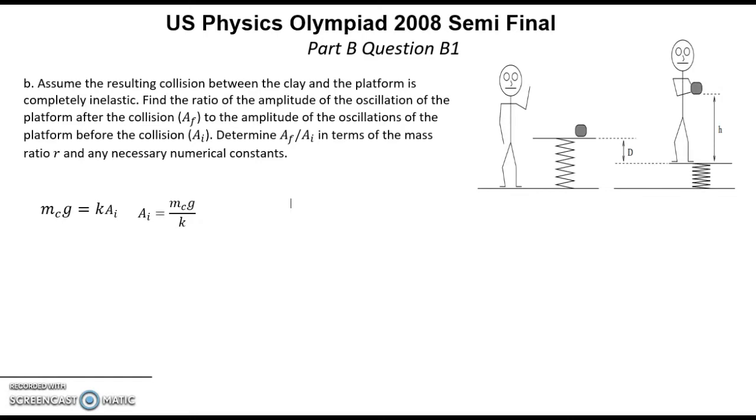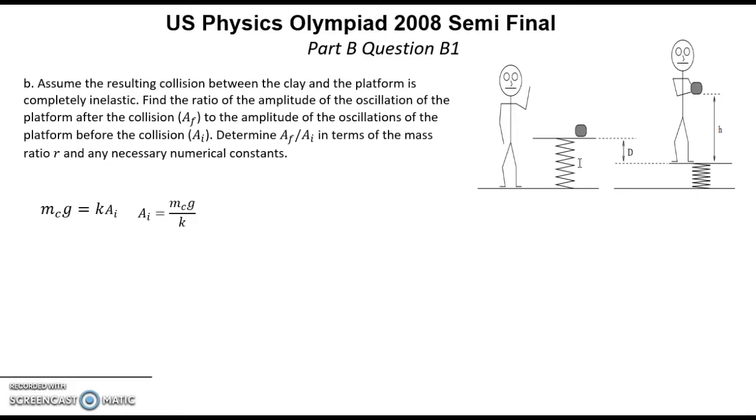So, second step. Now let's see what happens when the clay hits us at the lowest point. When it hits at the lowest point, it means that now we have the same mass as in the beginning. So the lowest point is now the equilibrium point for our second oscillation.